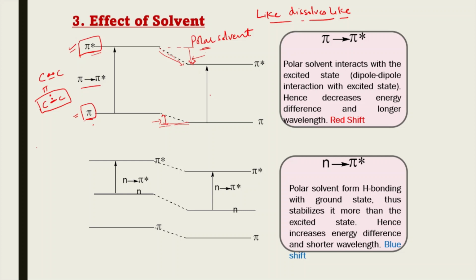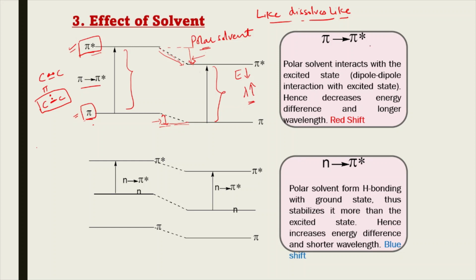So ultimately what happens now, if we compare these two energies for pi to pi star transitions, we can see that now less energy is required. If less energy is required, it means lambda value will increase.